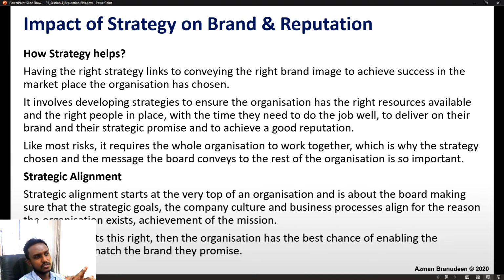So you can see so many examples when the strategic alignment of whatever they come up with, whatever they do, whatever their objectives are, whatever the way they try to achieve those objectives, whatever their financial goals are, whatever their culture is, how they establish their processes, when these are not aligned, right, when they are not in line with each other, when they don't parallelly move in tandem together toward one direction, then this final idea of enabling reputation to match the brand doesn't get delivered.